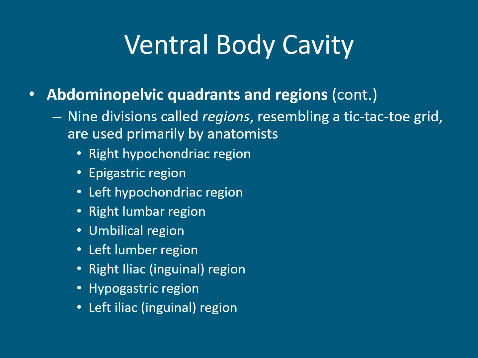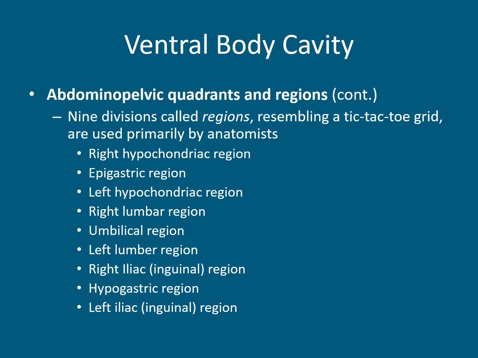Now, we can also go even more detailed from those quadrants and divide it into nine different regions. And once again, right and left refers to the patient's. So there's a right hypochondriac region, epigastric region, left hypochondriac region.